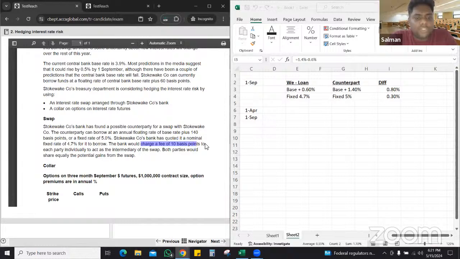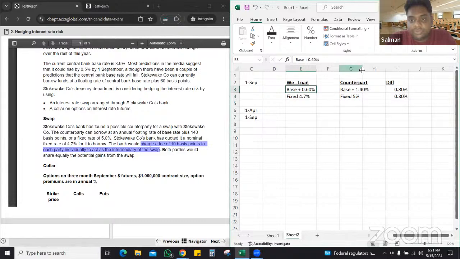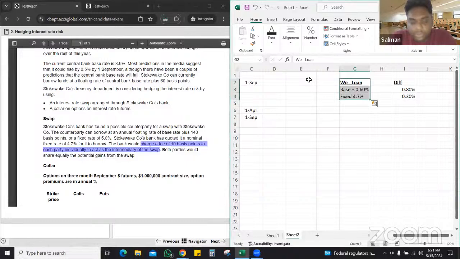The bank would charge a fee of 10 basis points to each party individually to act as the intermediary of the swap. Normally, swaps are done by a company and another party, but now the swap is done through the bank. So the bank has a separate charge.